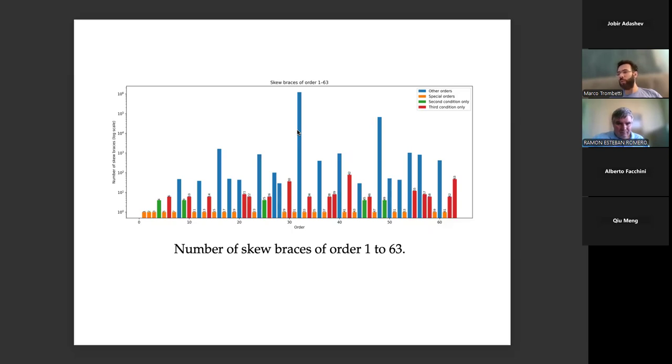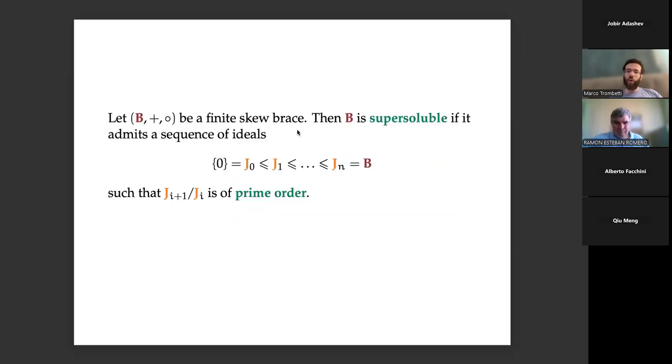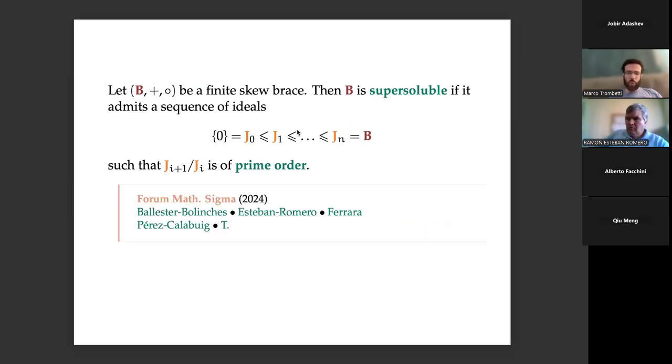Well, we need to first think of a natural skew brace criterion, which is supersolvability. Supersolvability is something that we introduced with Adolfo, Ramon, Maria, and Vincent in this work here.